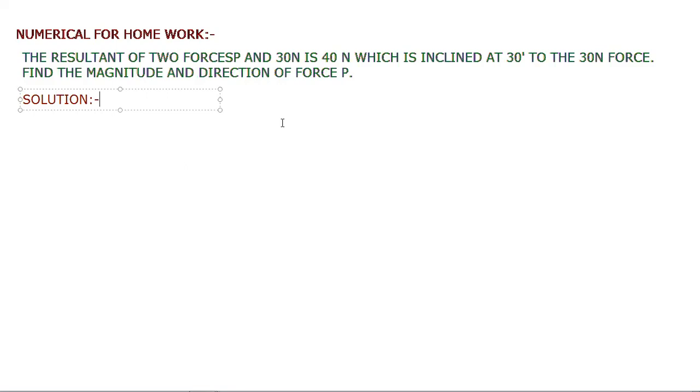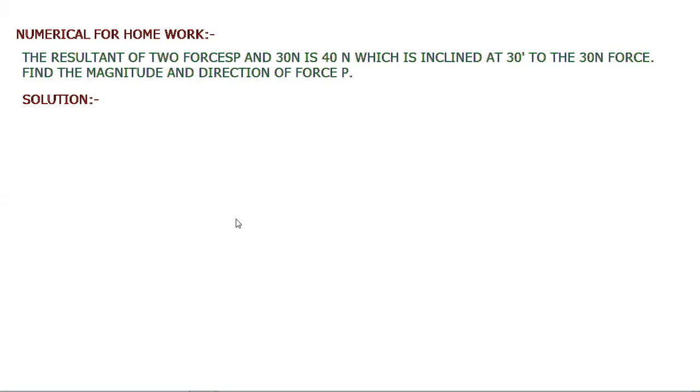So first of all, we'll try to draw the diagram for this numerical. So the two forces are given. First force is 30 Newton. Second force is force P. And their resultant is 40 Newton, which is inclined at 60 degree to the 30 Newton force, right?